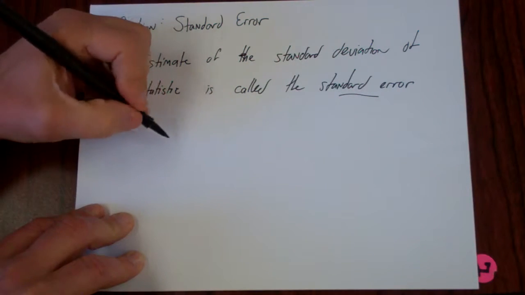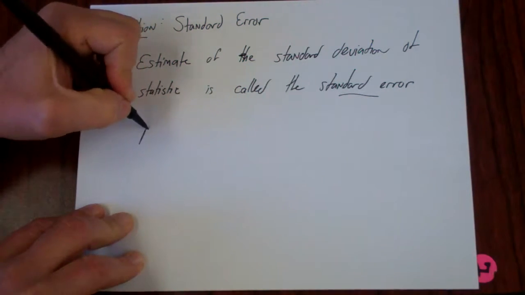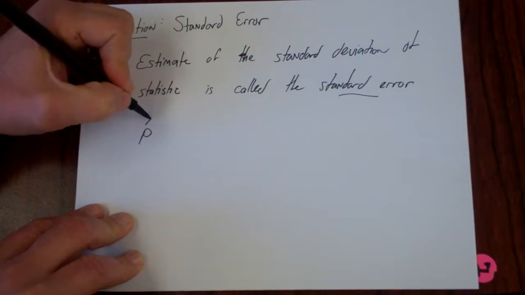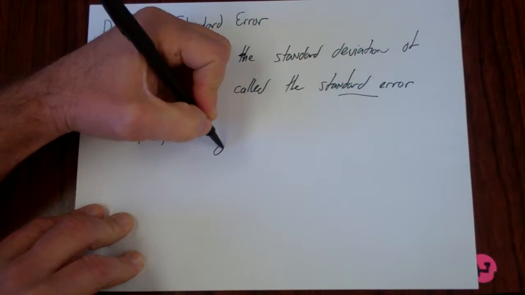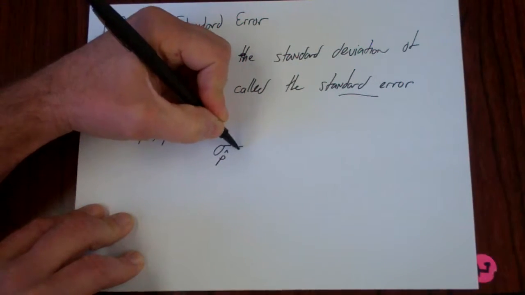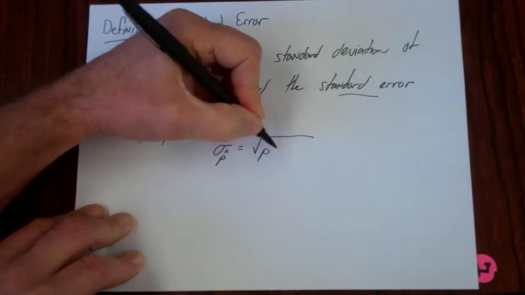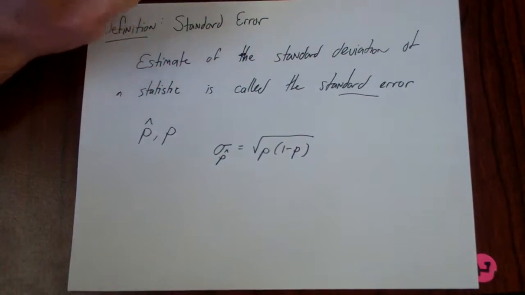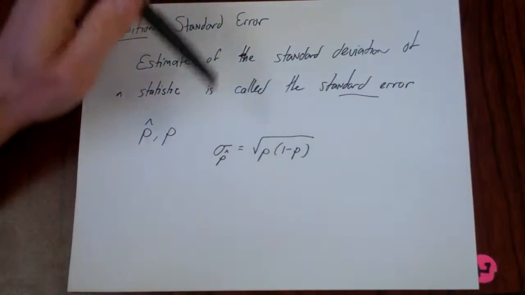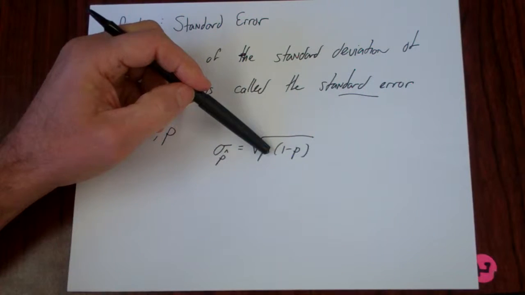Here's an example. If you're estimating p with p hat, then we know that sigma p hat will equal the square root of p times 1 minus p over n. But the problem is that we often don't actually know p.